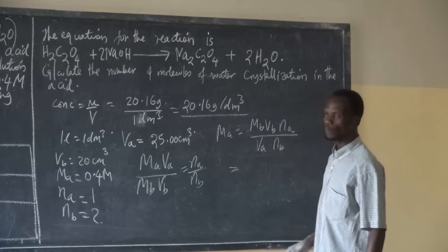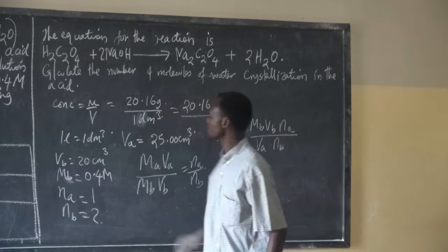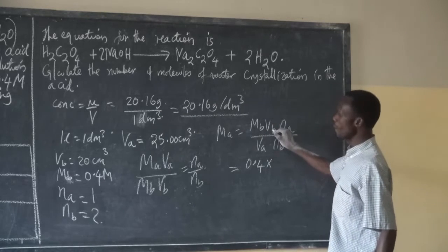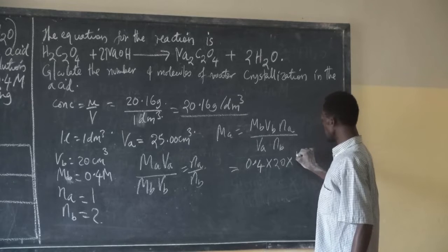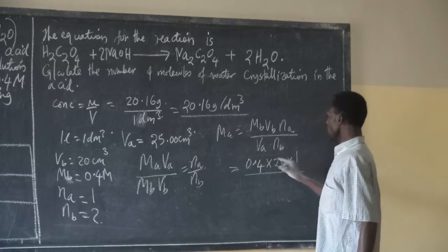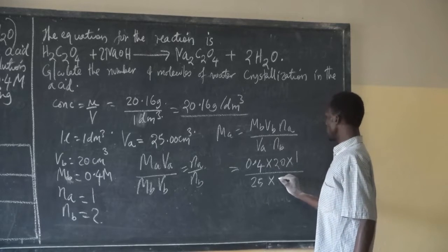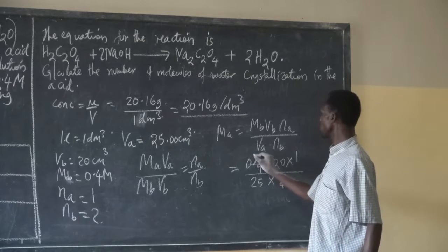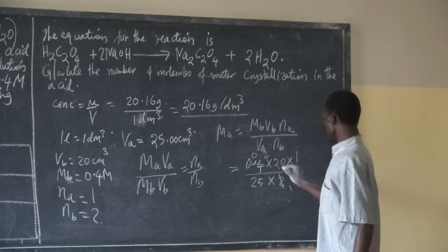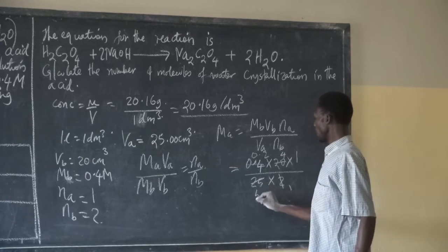Now substituting what we've been given from the question: molarity of base 0.4 times volume of base, which is equal to 20, times number of acid, which is 1, over volume of acid 25, times number of base, which is equal to 2. Now 1 by 2 is 0.2, 20 by 5 is 4.